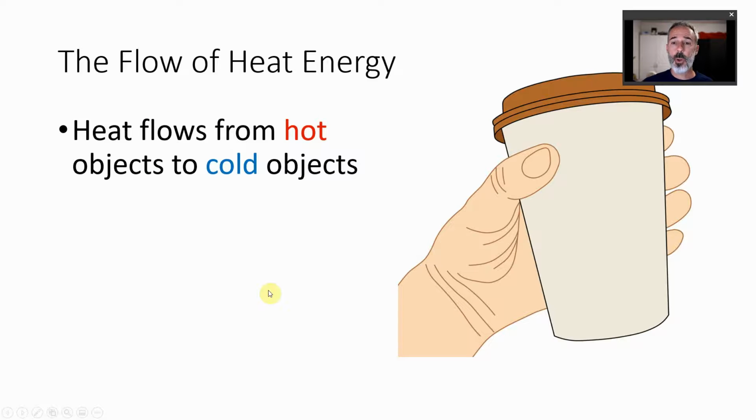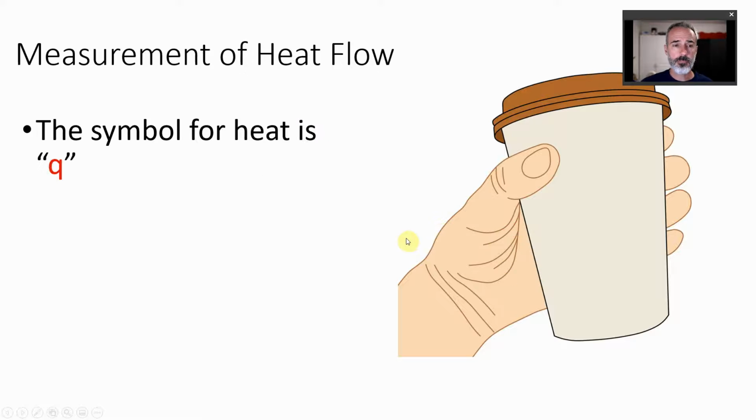As a matter of fact, if you imagine your hand around that coffee cup, the coffee cup is the hot part, and heat energy always flows from the hot part to the cold part, which is your hand. I think that seems pretty obvious. We imagine the particles moving really fast in the hot stuff, and they're moving slower in your hand. And essentially what's happening is the particles in your hand start to move a little bit faster as that heat energy flows from hot to cold objects.